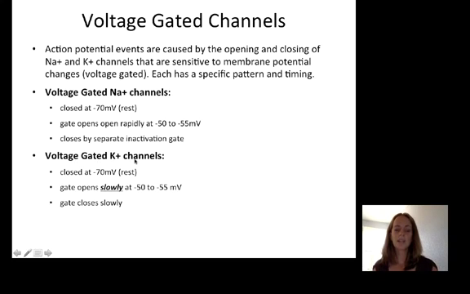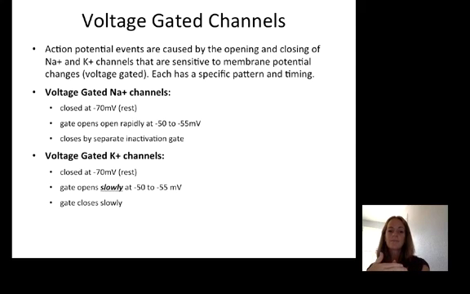Voltage-gated potassium channels will be closed at negative 70 millivolts at rest, and they have a gate that will open at minus 50 to minus 55. But the potassium gate takes a long time to open. It's kind of like when you drive into a neighborhood and you have these slow gates, right? You sit in front of the gate and it goes, right? The sodium channels open right away.